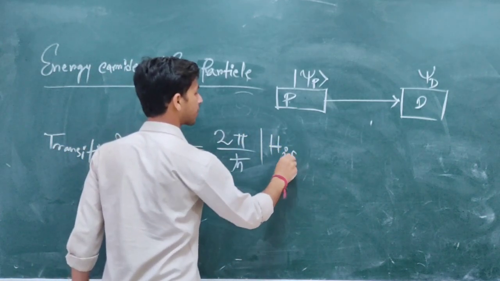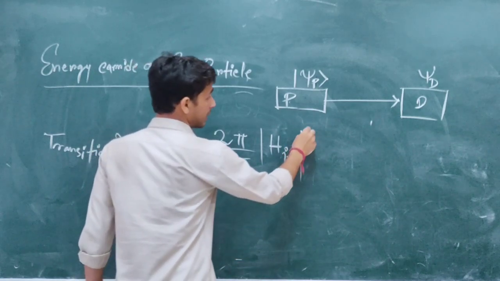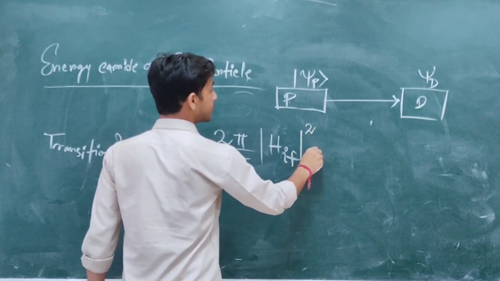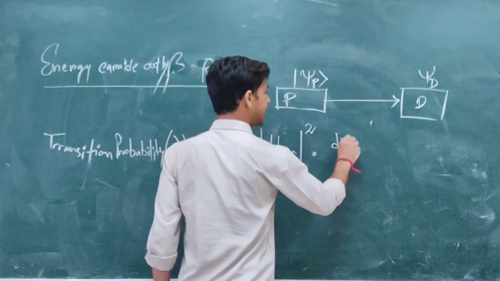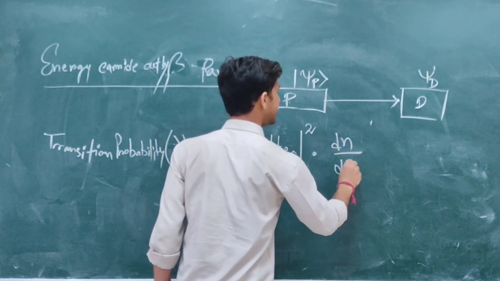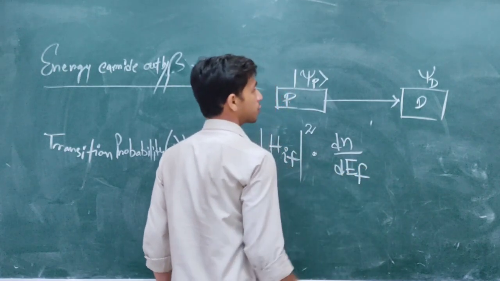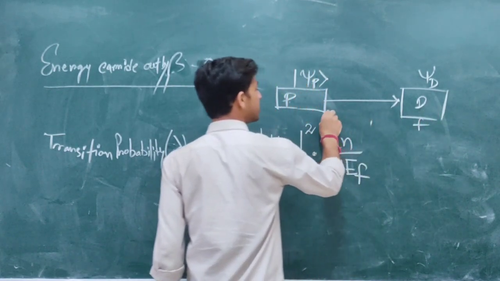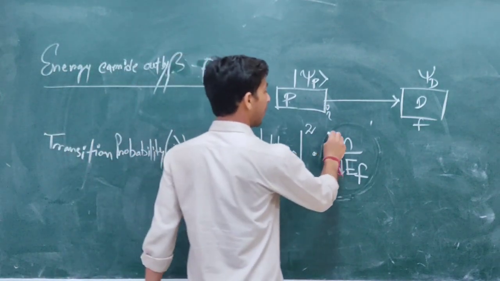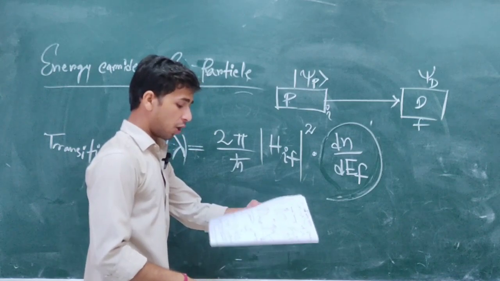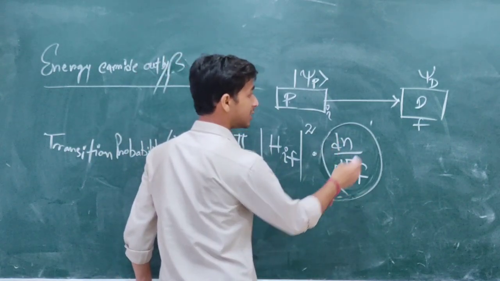mod H_IF squared times dN by dE_F. So this is the final state and this is the initial state. The transition probability depends on the density of the final state.